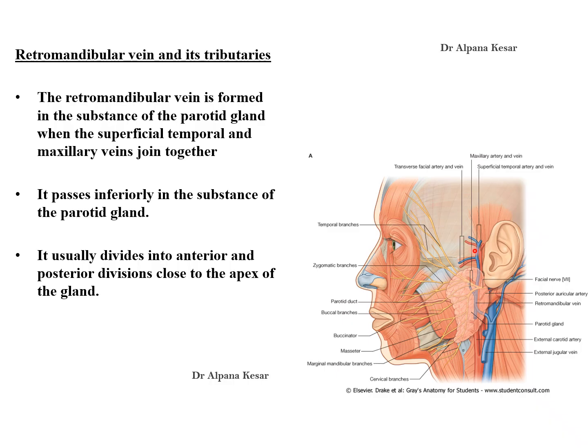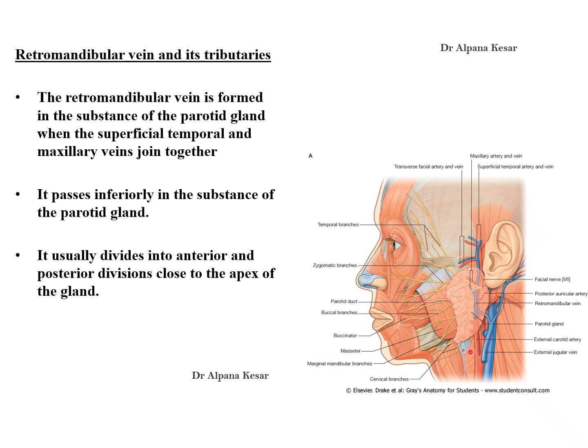The retromandibular vein is formed by the joining of superficial temporal vein with the maxillary vein, formed within the substance of parotid gland. The retromandibular vein has a short course and then it divides into its anterior and posterior tributaries. These pass inferiorly and exit the parotid gland at its apex.